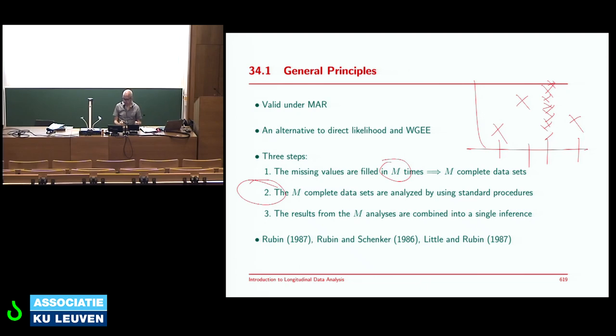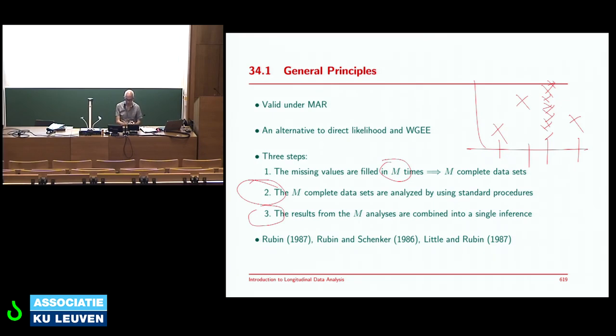Okay, but then I have 10 parameter estimates, 10 treatment effects, and 10 standard errors to that treatment effect. So at the very end, I'm going to combine these 10 different values into a single inference. That means a single estimate and a single standard error. And that is using so-called Rubin's rules. That's what we call Rubin's rules.